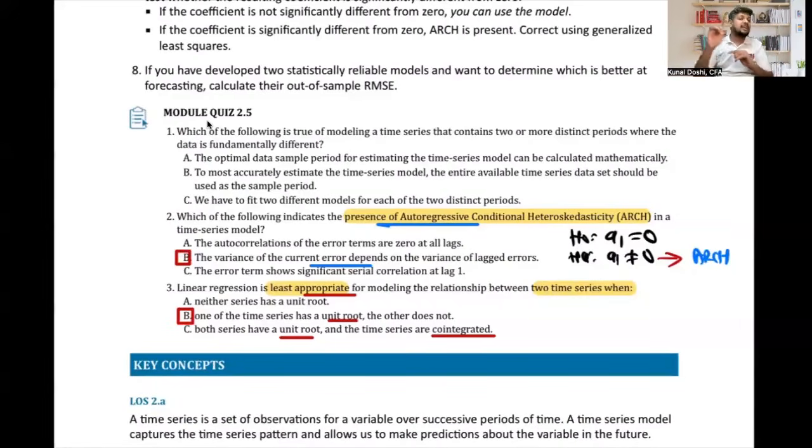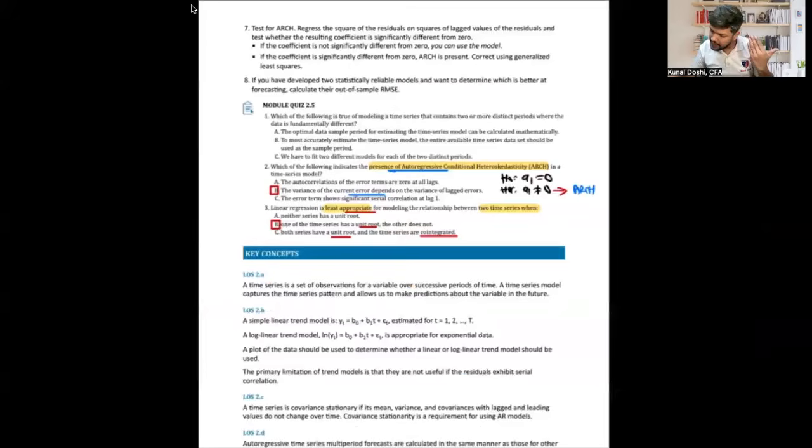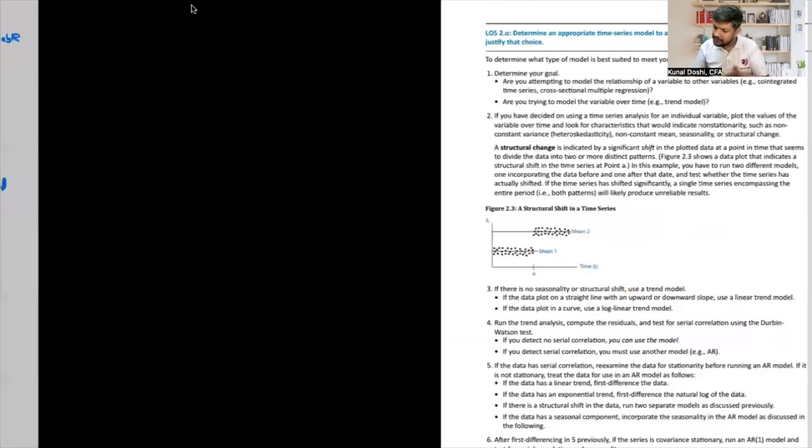I can't use it when even one of them is not covariance stationary. But if they are not covariance stationary, however, they are co-integrated, then I can use it. So in the first case and last case, I can use it, but they are asking when you can't use it. That is when either of them is not covariance stationary. Clear, everyone? Got it?